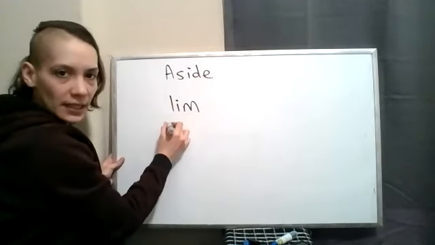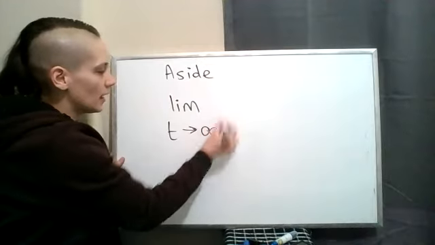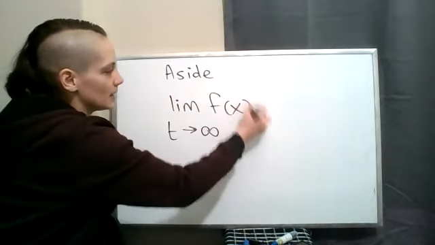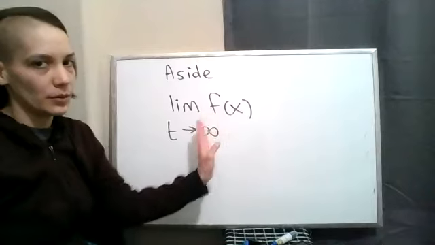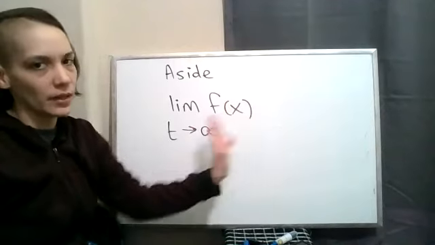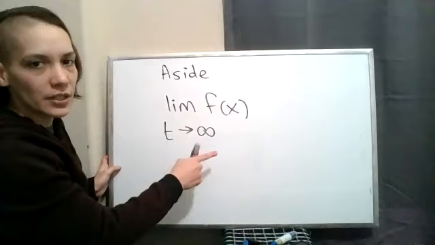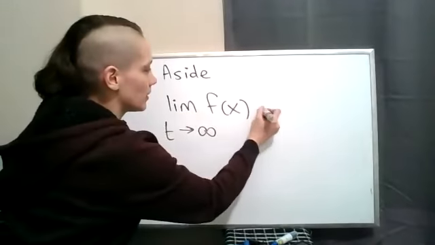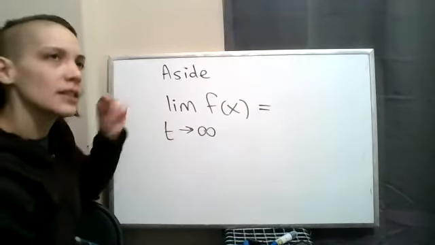Let's say that we have a limit as t goes to positive infinity of f of x. If this equals a number, like this equals 2 or pi or negative 20, your function converges to that number. Or let's see, the limit converges.